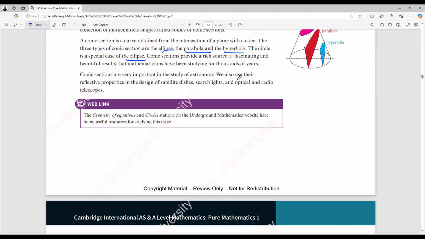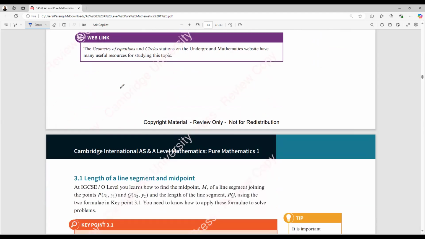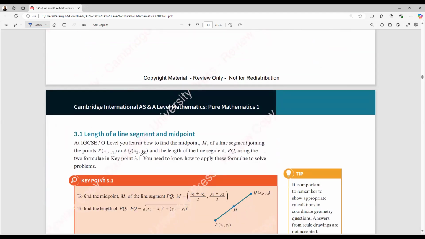We also use their reflective properties in the design of satellite dishes, searchlights, and optical and radio telescopes as well. These are a few general background points on what we are going to do and why these ones are very important.